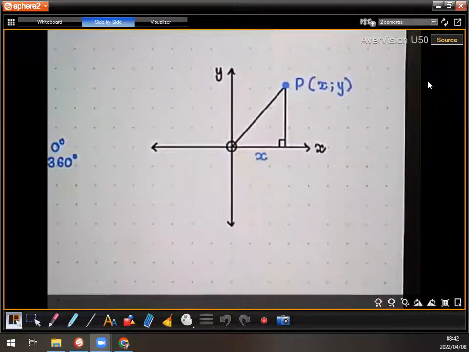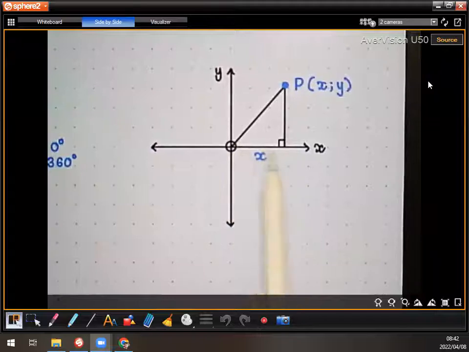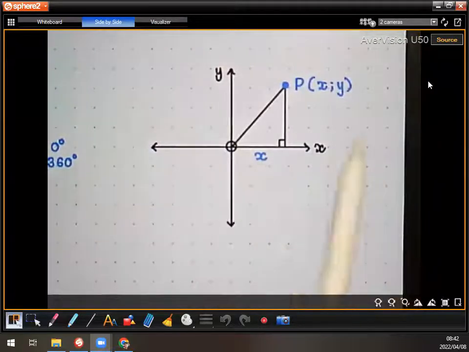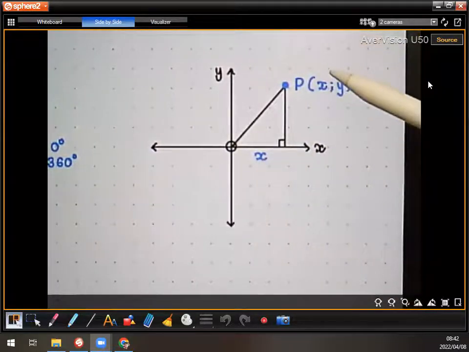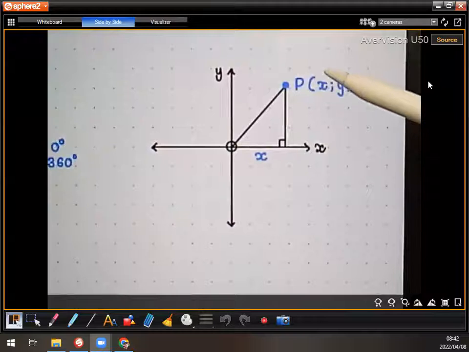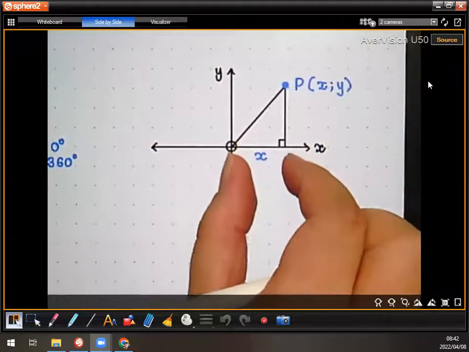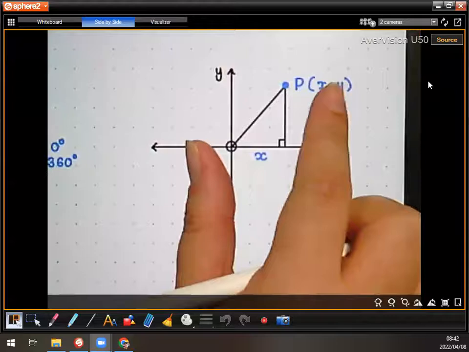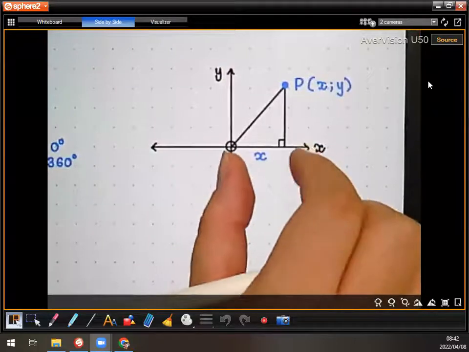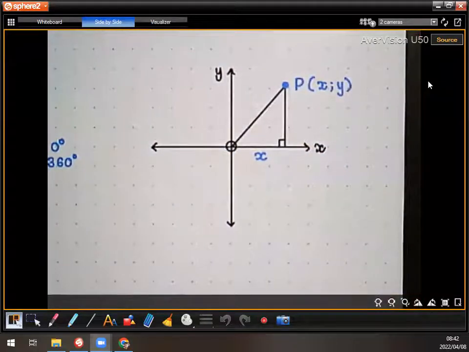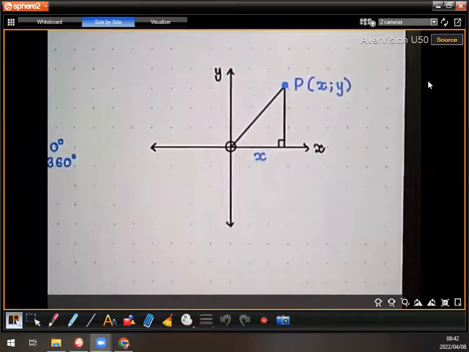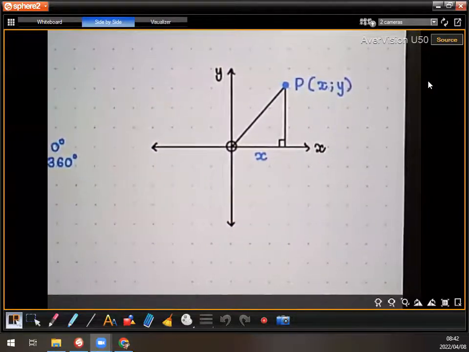Now we're just working in general terms. So this length of the triangle is going to be whatever the x value of the point is. If it's a 2, that length is going to be 2, because it's going from 0 to directly below that point. If that was a 5, this would go from 0 to 5, so the length would be 5. So the length on the x-axis is always the same as the x coordinate of the point.